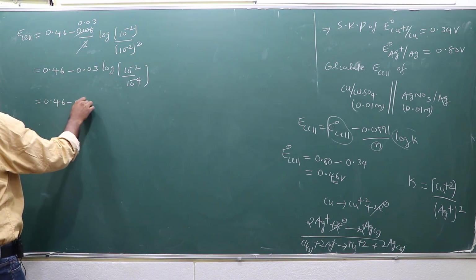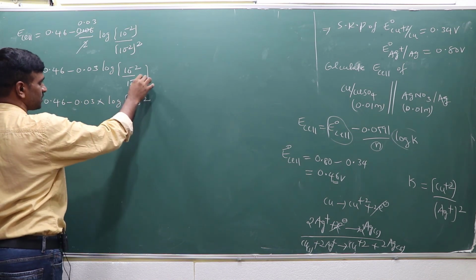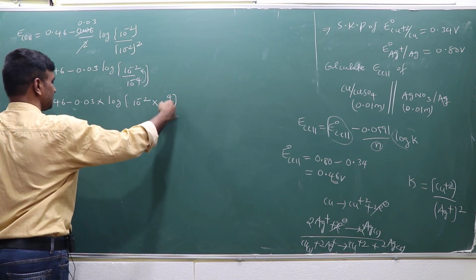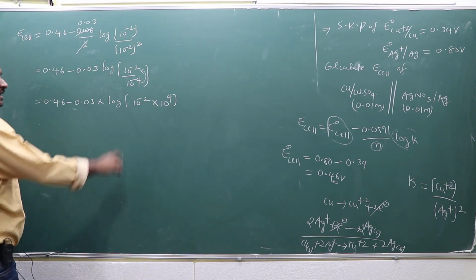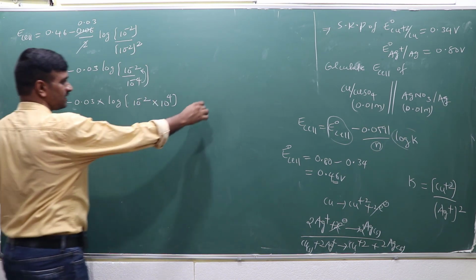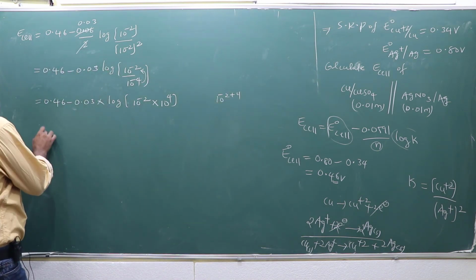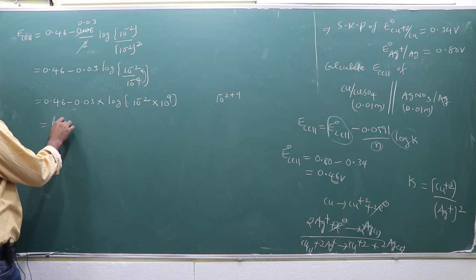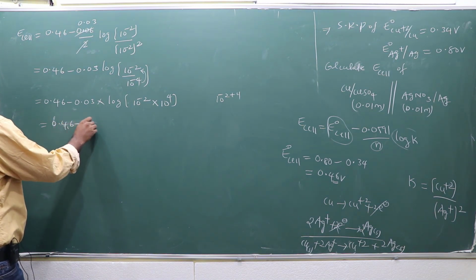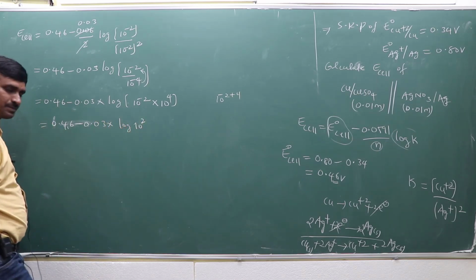This is shifted from the denominator to the numerator, so the minus becomes plus 10 to the power of 4. So minus 2 plus 4, that is 10 to the power of 2. So 0.46 minus 0.03 into log 10 to the power of 2.